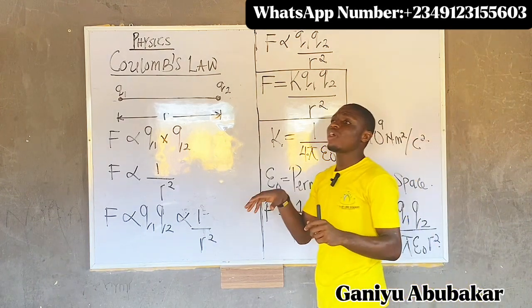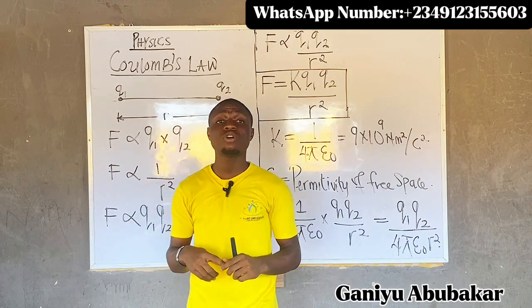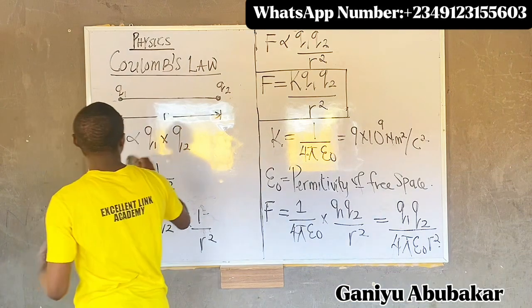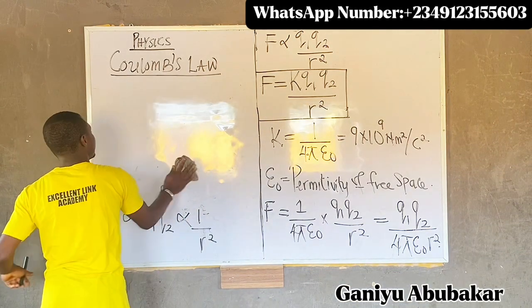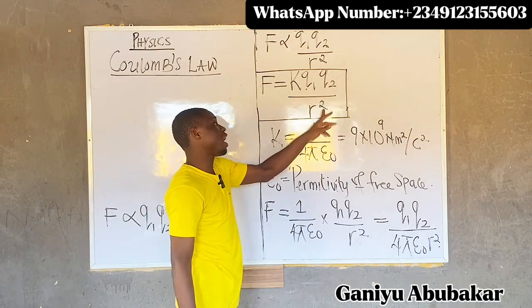Please, let's look at how we can express Coulomb's law in vectorial form. Coulomb's law normally is F equal to K Q1 Q2 over R squared.